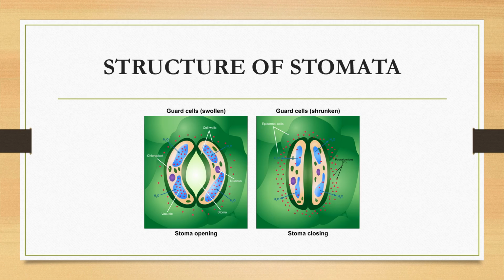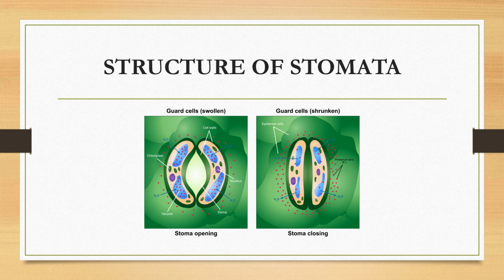Okay, so what is the role of stomata in the respiration of plants? As plants do not have a separate respiratory system like animals, how does the respiration process take place in plants? In plants, the process of respiration is by simple diffusion through small pores present on the surface of the leaves.